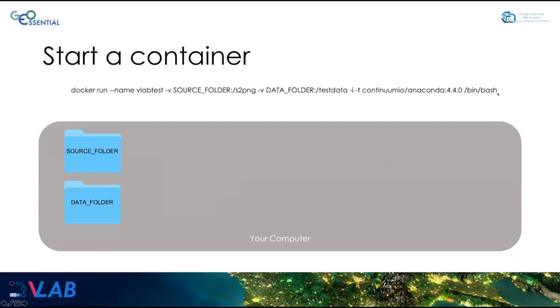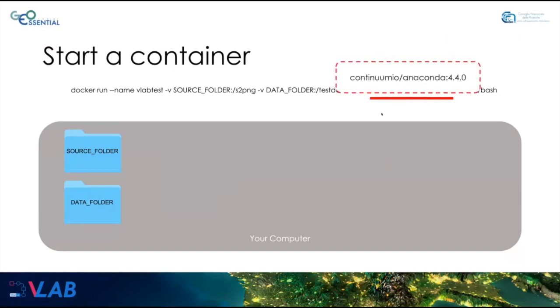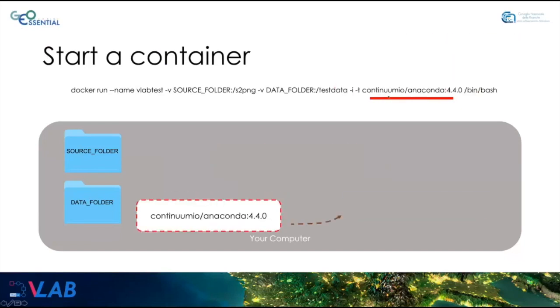It utilizes an existing Docker image, which is an Anaconda Python version, and it will download this image on your computer and launch a new container, and the name of the container will be VLab test.